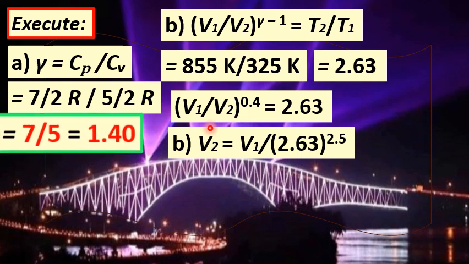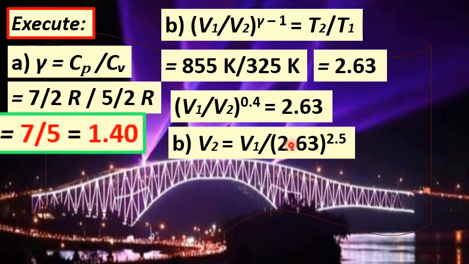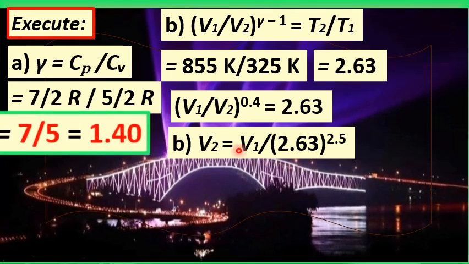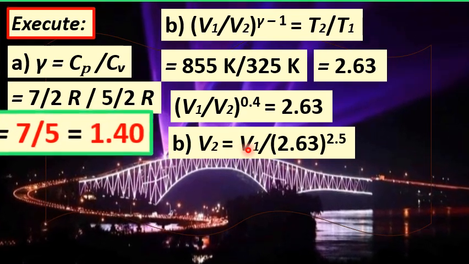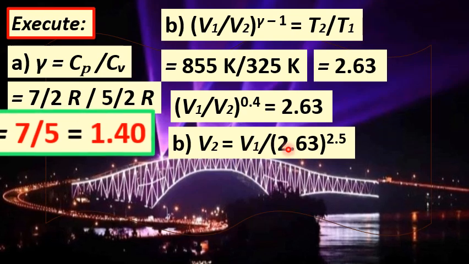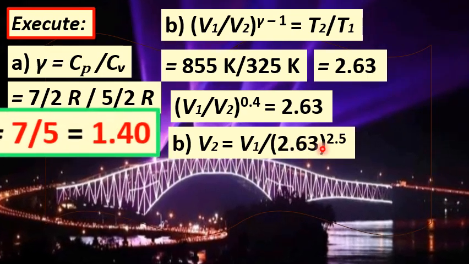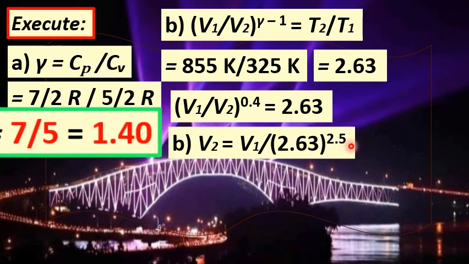So now we were able to isolate V sub 2, which is simply equal to the initial volume V sub 1 divided by the number 2.63 raised to the power 2.5.